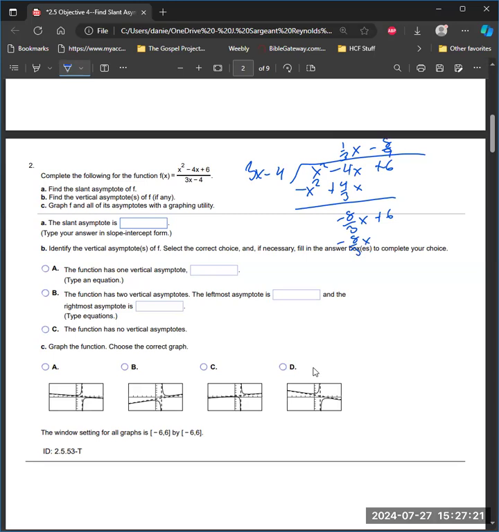Plus 32 over 9. Add, subtract. 54 minus 32 is 22 over 9. And this part doesn't matter. It's going to be y equals 1/3 x minus 8 over 9.